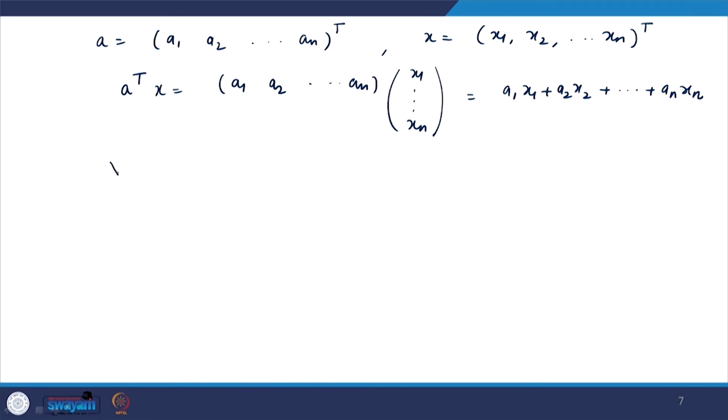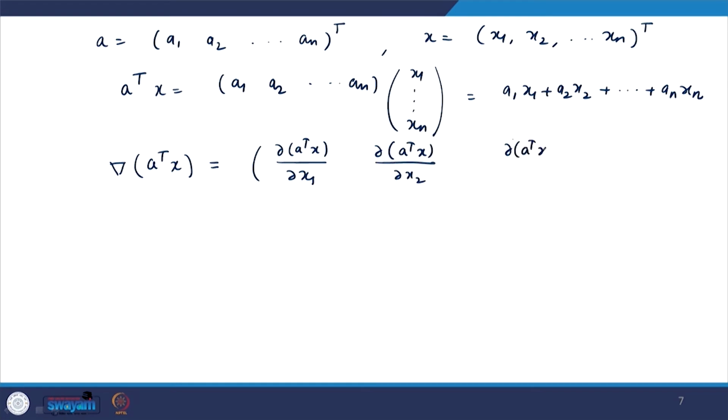Now, the gradient of f, where f is A transpose x, will be del of A transpose x upon del x1, del of A transpose x upon del x2, and so on, del of A transpose x upon del xn, this whole transpose. This will be the gradient of f by the definition of gradient.